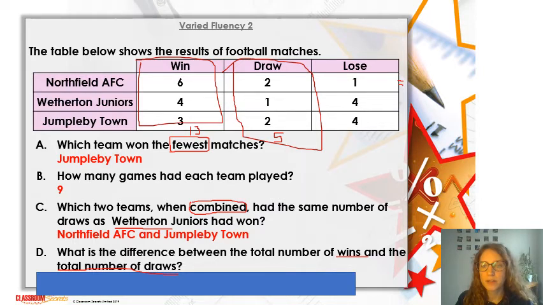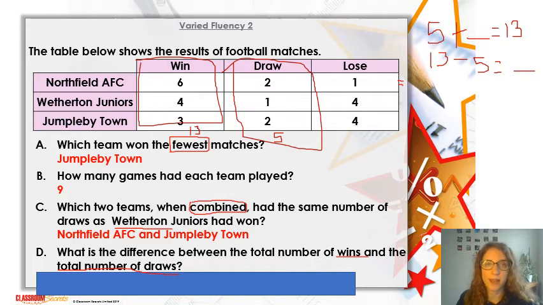So we can either do 5 add something equals 13 and count on, or we can do 13 take away or subtract 5 to give us our missing number. Okay, so you could do it either way, whichever you feel most comfortable doing.